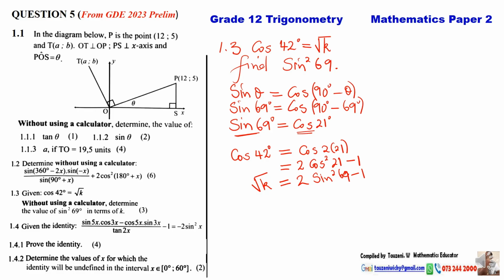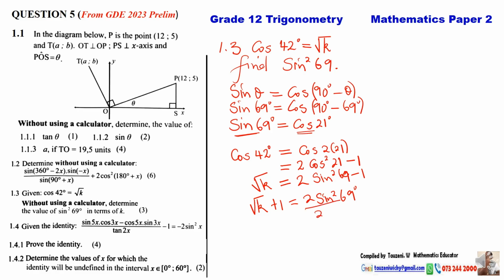Then from there, we can make sine squared 69 the subject. That is what the question wants us to do. So that means root k plus 1 is equal to 2 multiplied by sine squared 69 degrees. Then we divide both sides by 2.